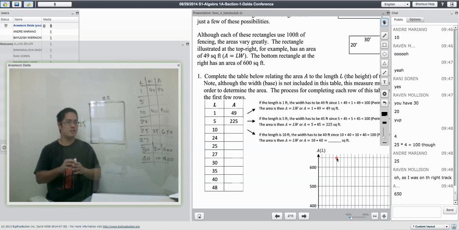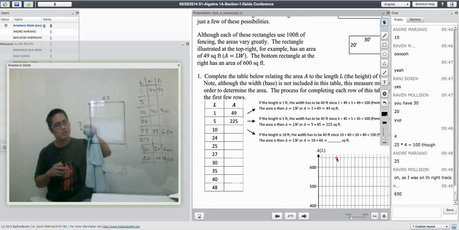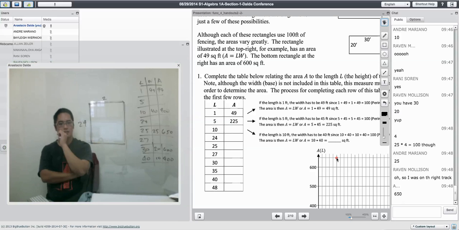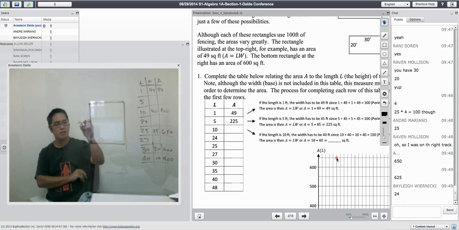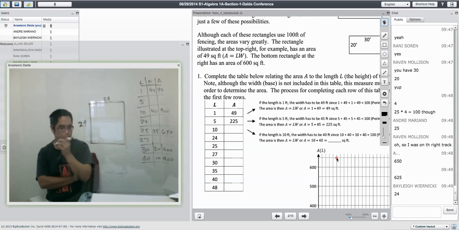All right, this table is fun. Let's try this. What is 24? If this were 24, what would this be? Okay, if this were 24 down here, this shouldn't be 24. You want to use up all of the 100-foot fencing.